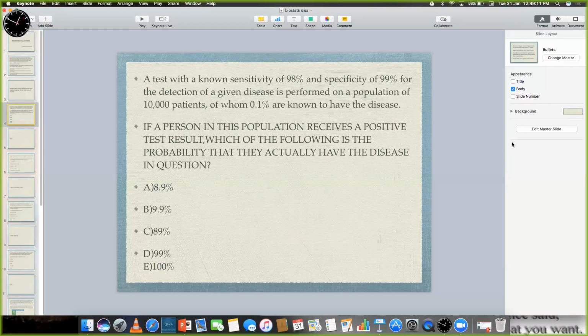So that will amount to 9.8 divided by approximately 109. That roughly corresponds to 8.9%, which is option A.